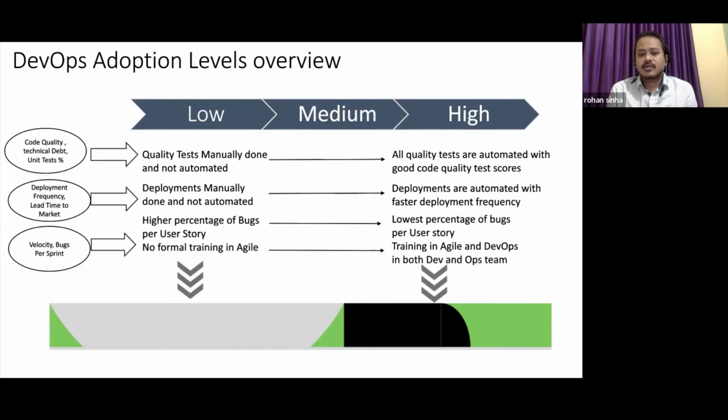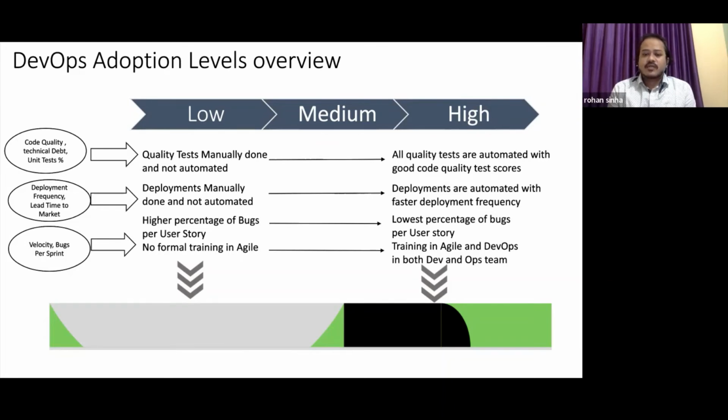In this kind of data, we can have various metrics like code quality. Code quality is ideally defined as how many bugs are present in the available code. Technical debt is another metric we should define. If a code has been developed, how much effort might be required to further improve the code or fix any bugs that might be present in the future.